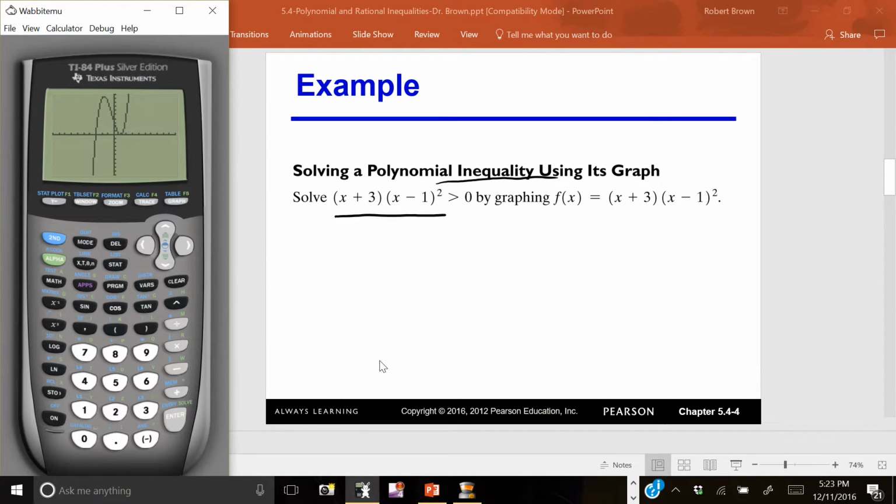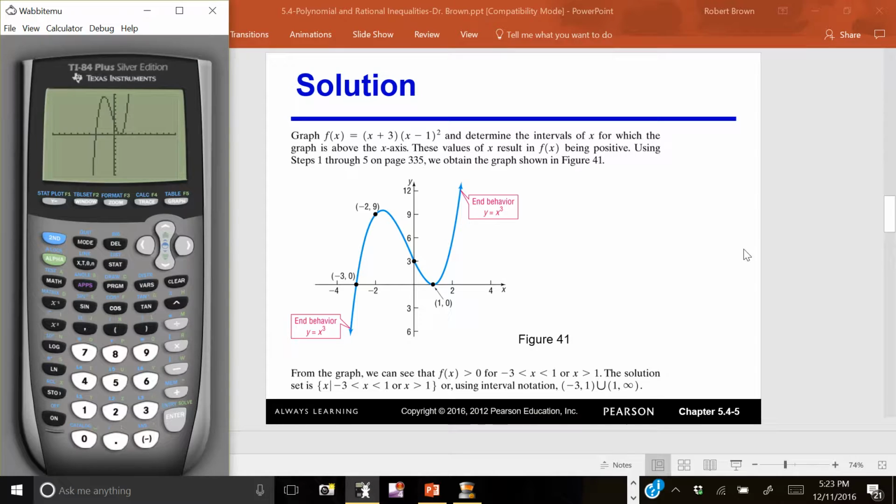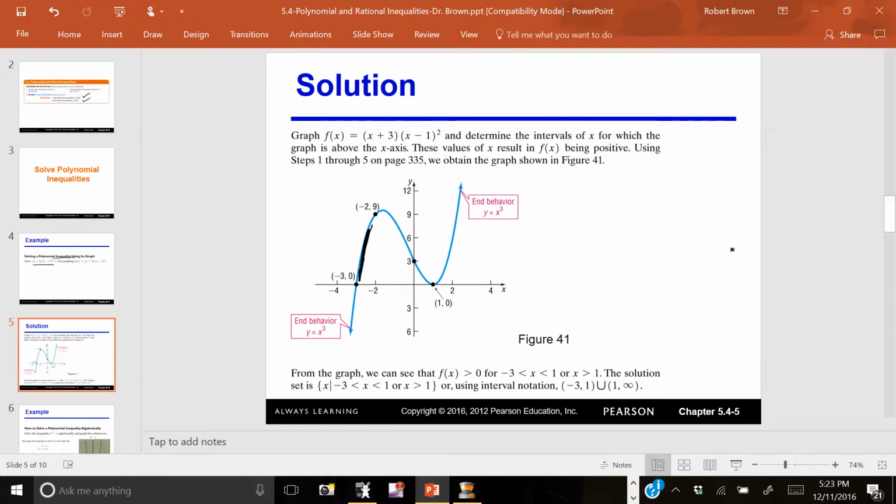So, looking at the graph, this is a little bit more artistic picture of it. We can see that the solution is the heavy line that I've drawn here, all the way up to x equal 1, not including 1, because at 1 it's equal to 0, and then beyond 1.